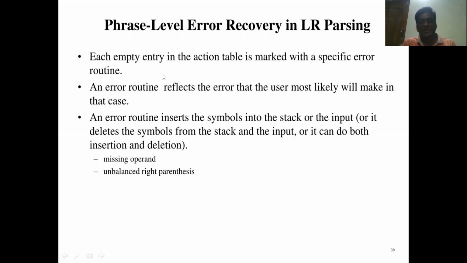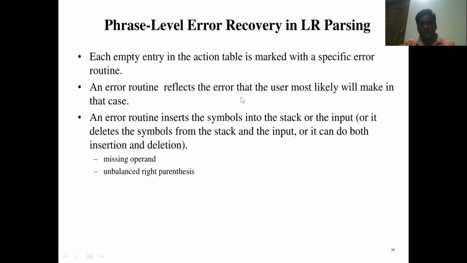The action table should contain a link to these error routines whenever the corresponding error is identified. The error routine simply reflects the errors that the user most likely will make in that particular case. We'll see that later.